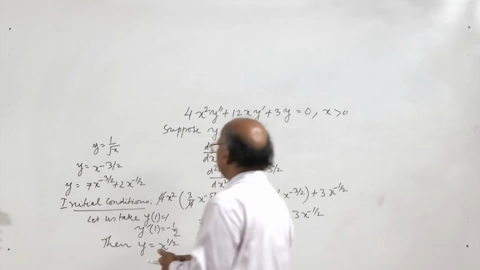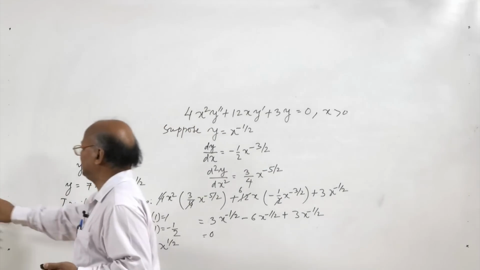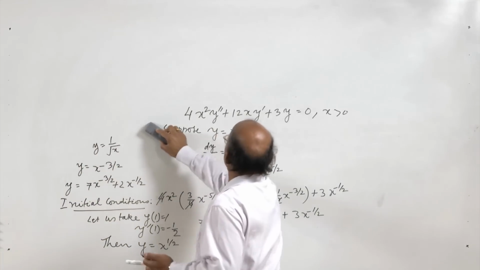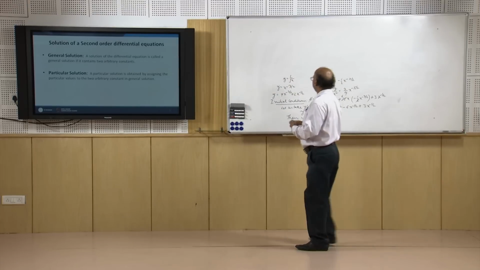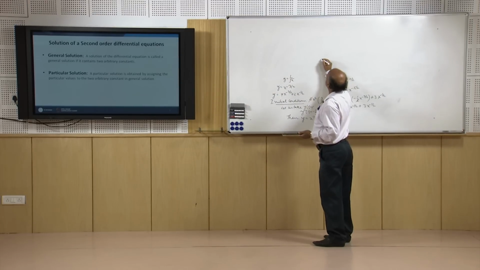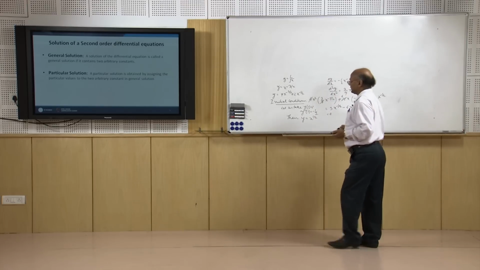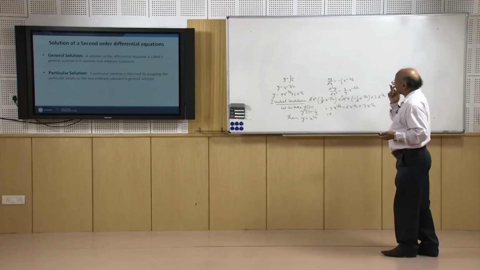Now, the number of initial conditions required for a given differential equation depends on its order. Here the order of the differential equation is 2, so we need only 2 initial conditions. For an nth order differential equation, we shall need n initial conditions. Why do we call these conditions initial conditions?